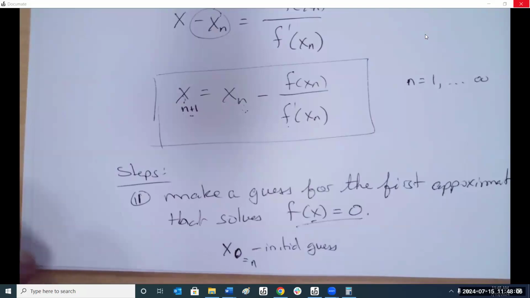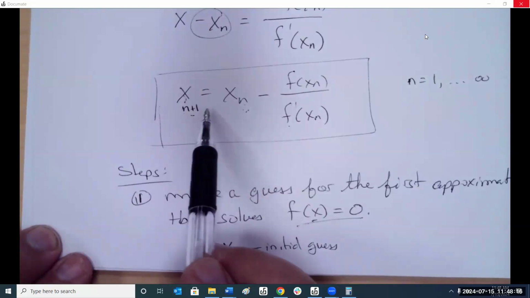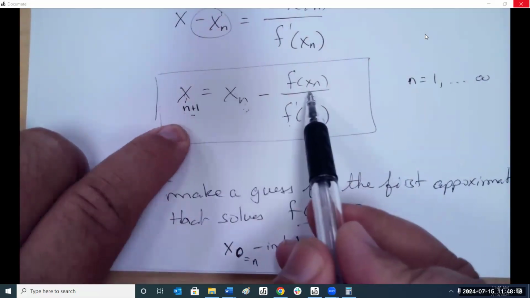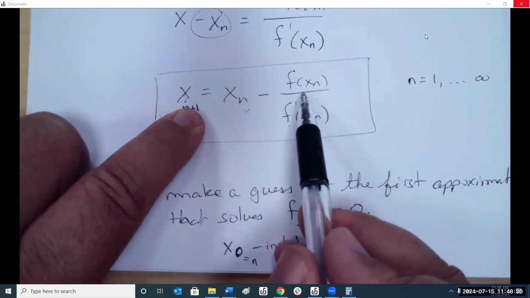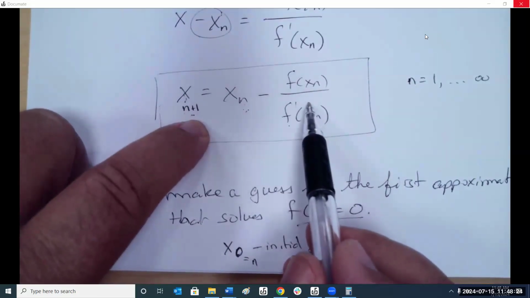Once we make the initial guess, the rest is out of our hands. Now we plug x sub 1 in there to find x sub 2. Then whatever we get for x sub 2, plug it in there, and that gives us x sub 3.